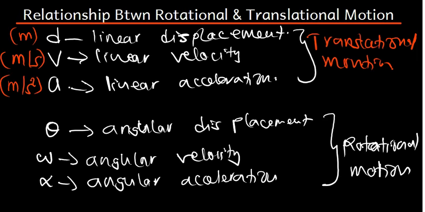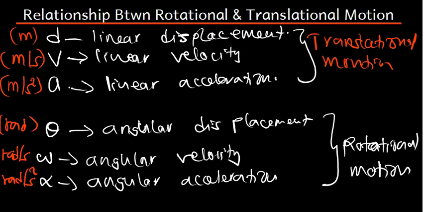Now let's go to rotational motion. When we're talking about the angular displacement, the SI unit is rad. The angular velocity, the SI unit is rad per second. The angular acceleration, it is rad per second squared.